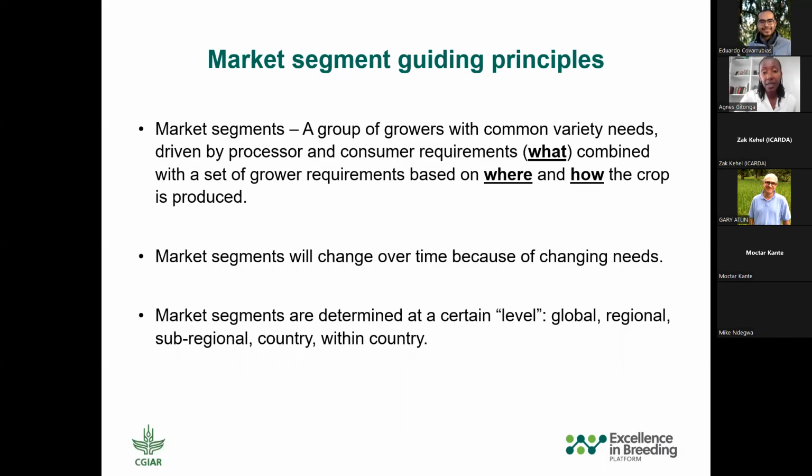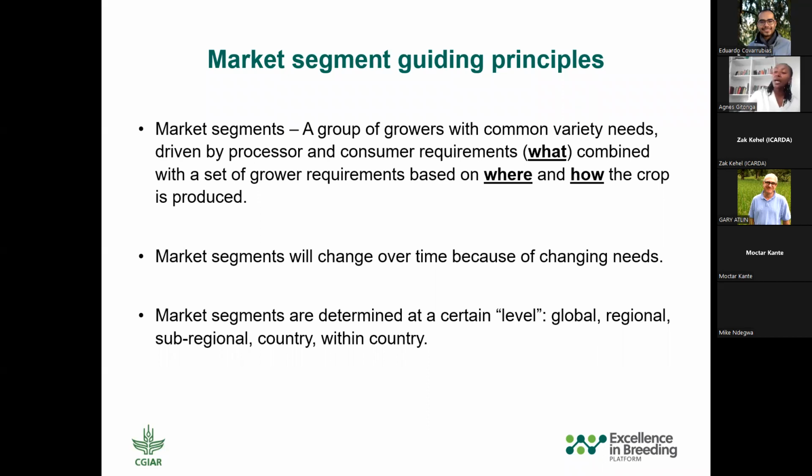This is very important because we do not want a situation where grower requirements are considered and agronomic needs are easily met, but when it comes to putting the product in the market, the grower does not have a market. So it is important to have a mix of both the consumer and processor requirements that cover the what, and the grower's requirements, which consider where the crop is grown and how the crop is grown.